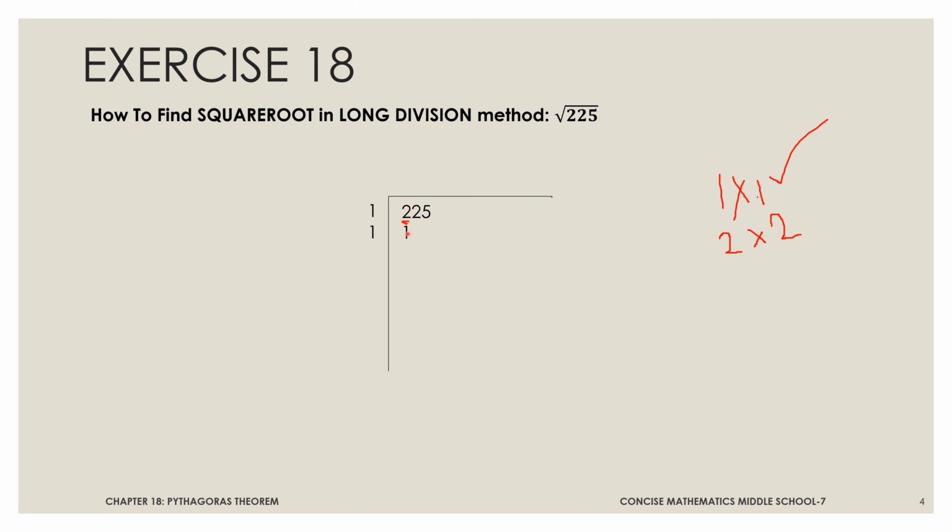Just write it below this 2, and since we are multiplying this twice, just write one number, that is 1, on the top. Then 1 plus 1 will be 2. 2 minus 1 will be 1, and we bring the 25 down over here.